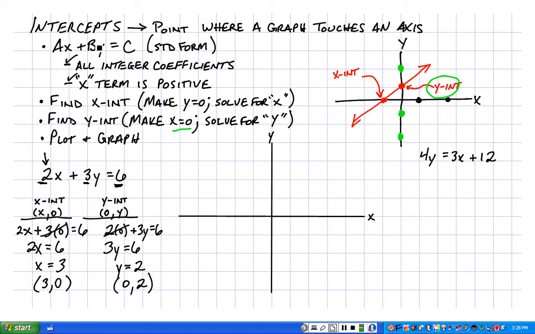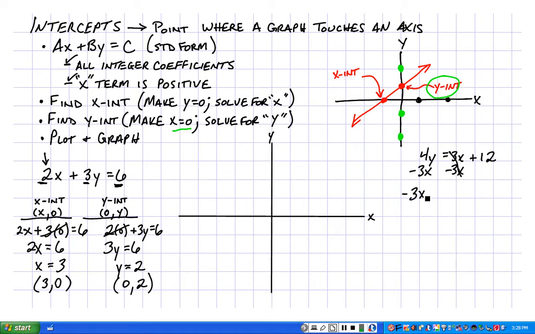First step says get it in standard form, so we need the x and the y together. I notice my x is on one side of the equation and my y is on the other, so I need to bring my x over to my y. Since it's positive 3x, I subtract 3x from both sides. Cancels here. These are not like terms, so I cannot combine them, so I just write them out.